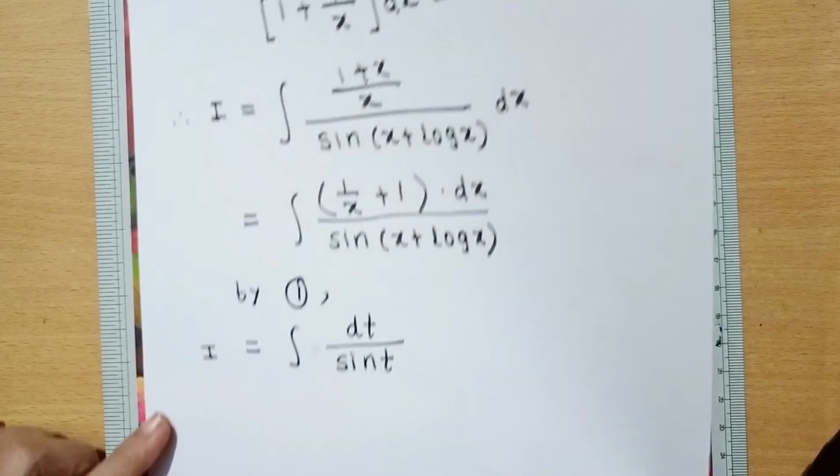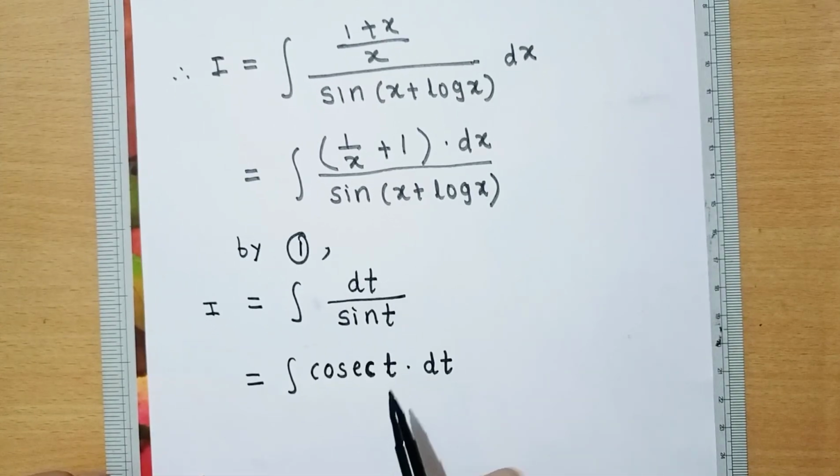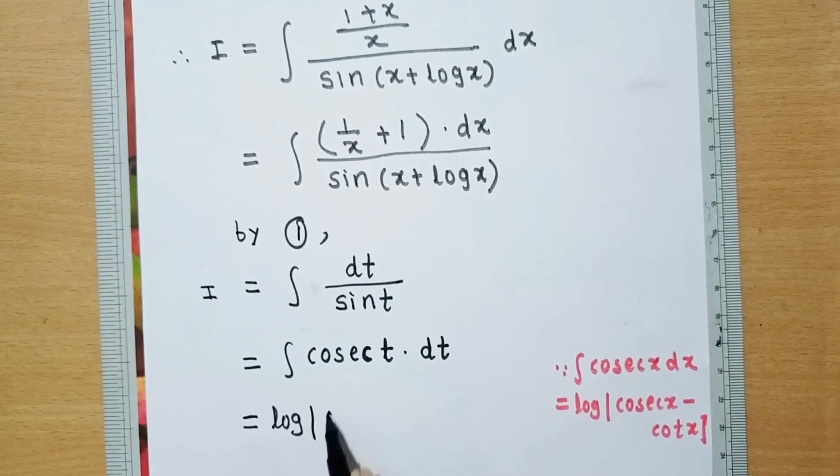And again 1 upon sine t means cosec of t, and we have seen 4 formulae. Integration of cosec t is, this is our formula, just we will write t instead of x, and so its answer is log of mod of cosec of t minus cot of t plus c.